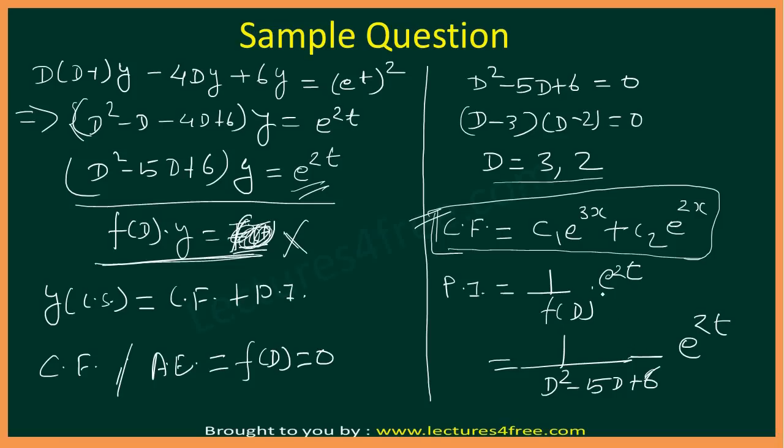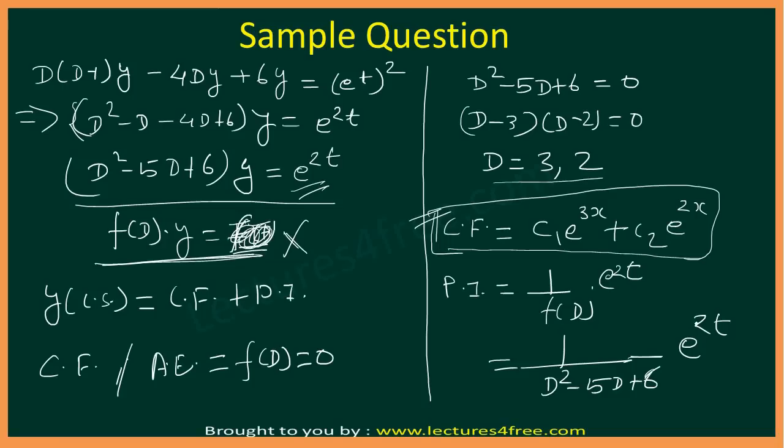For particular integral we have seen many cases, case 1 to 5. This is case 1, where we get e to the power ax and a function of D. In that case we replace D with the value of a. Here a is 2, so in this function of D we have to replace D with 2.